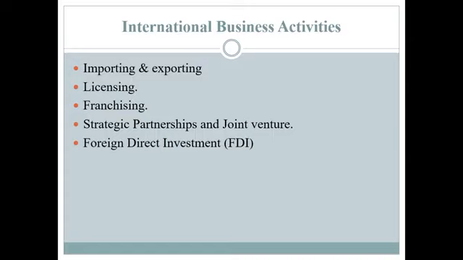Or the second option, importing. If some of the goods, technologies or essentials are not easily found in our country, we can switch over towards importing. Importing means bringing something inside our country's boundary.